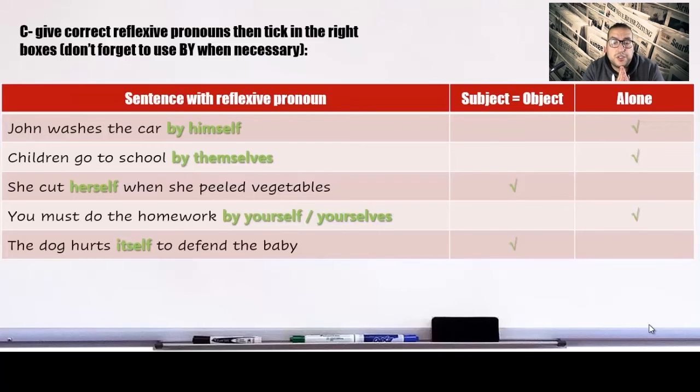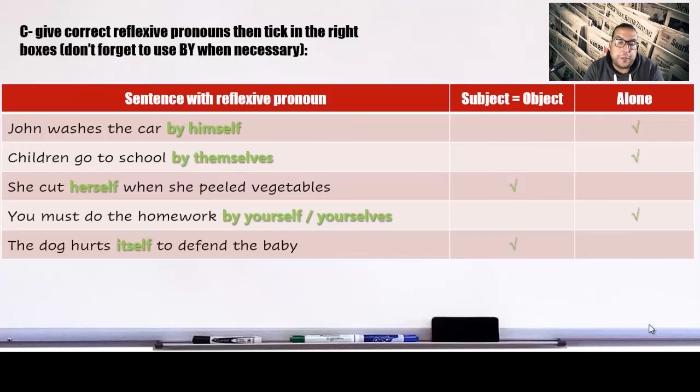Now, you must do the homework by yourself or by yourselves. It depends on the situation. If I am addressing one person or many people, yourself becomes yourselves. Again, it means alone, which means you have to do the homework without the help of other people.